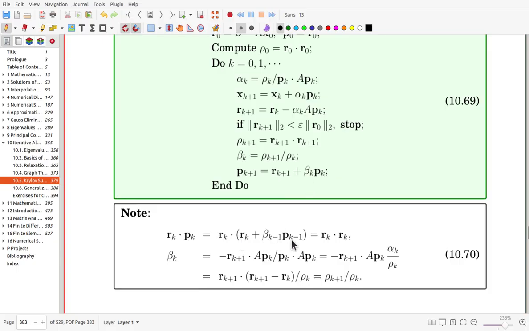That's exactly this one. So there's r_k dot p_{k-1}, so we have here plus beta_k times r_k dot p_{k-1}.